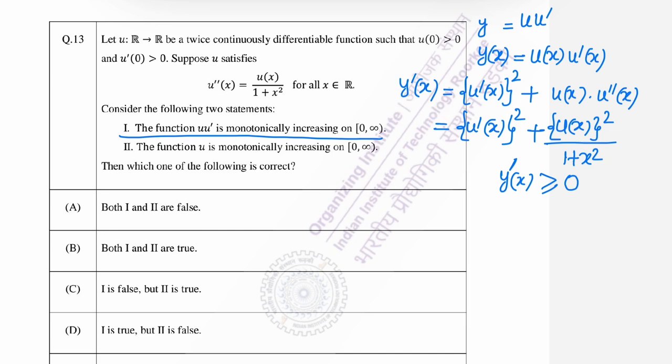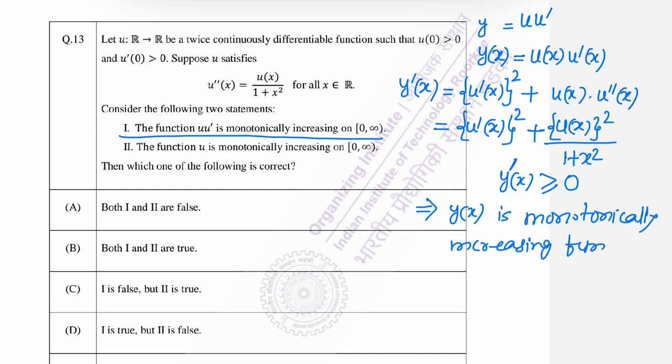Okay, so this implies that y(x) is a monotonically increasing function, and this means that our first statement is true.